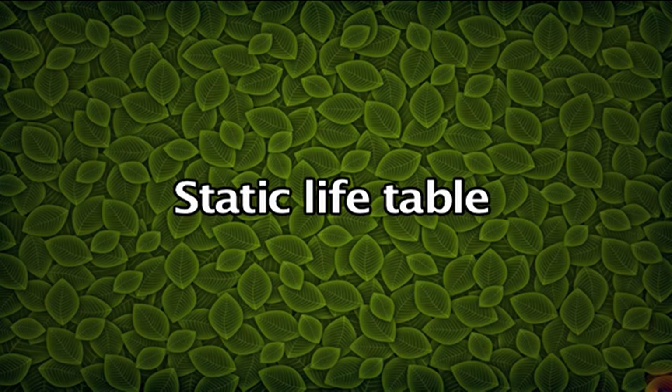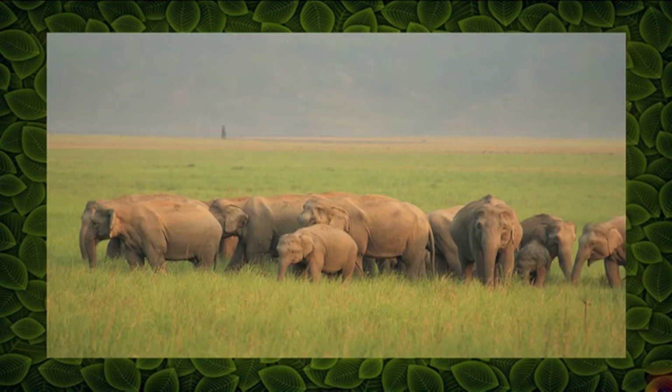Now, static life tables. A static life table is similar to a cohort life table, but introduces a few complications. For many organisms, especially mobile animals with long lifespans, it can be difficult or impossible to follow all members of a cohort throughout their lives. In such cases, population biologists often count how many individuals of each age are alive at a given time.